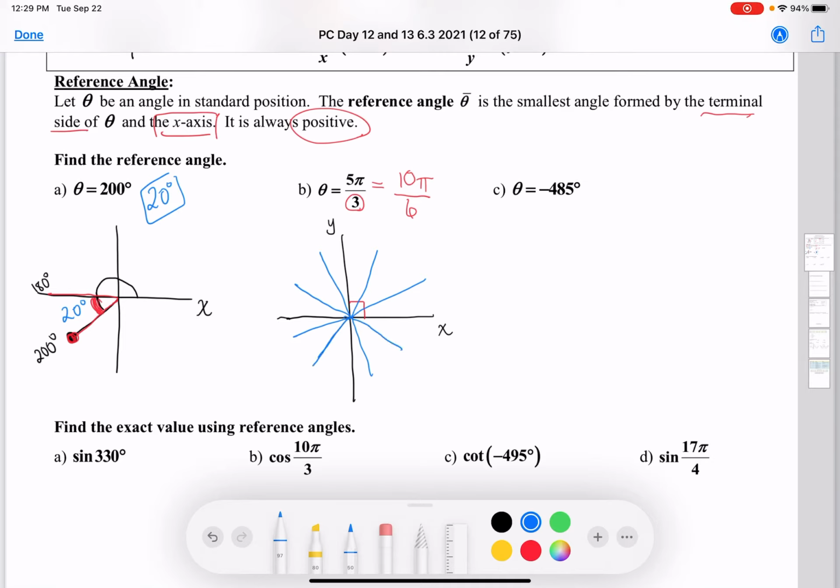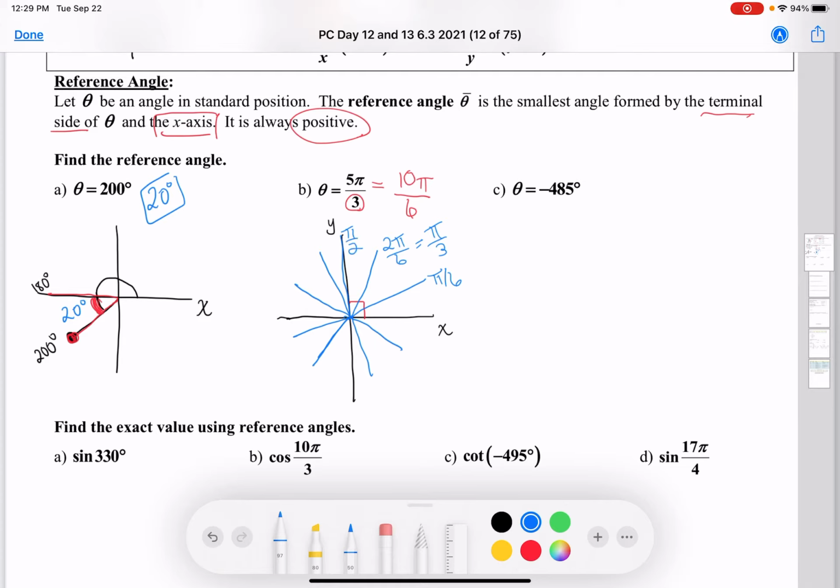So each of these blue lines would represent every 30 degrees on the unit circle, or in other words, pi over 6. So as we were discussing in class, first we'd go 1 pi over 6, then we'd go 2 pi over 6, which if we simplify is pi over 3. Then we'd go 3 pi over 6, which is the same as pi over 2.